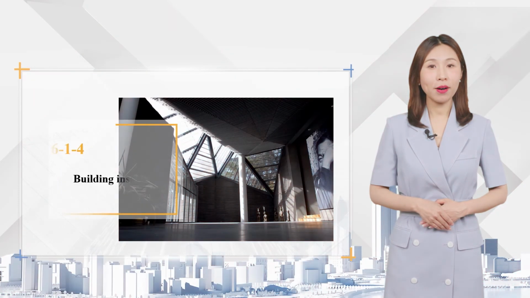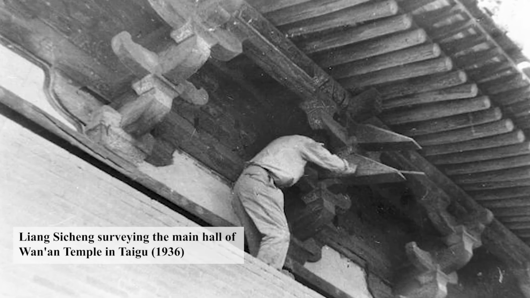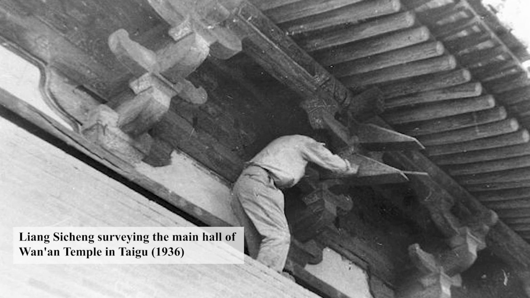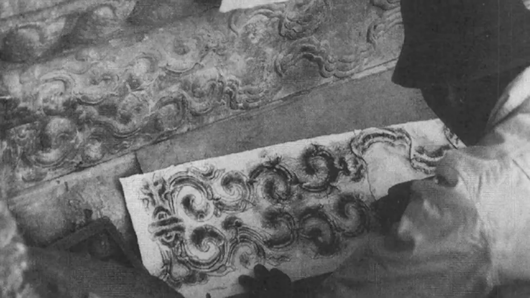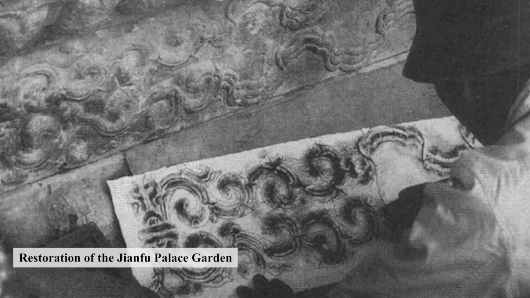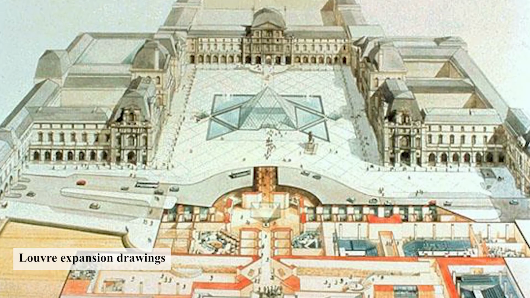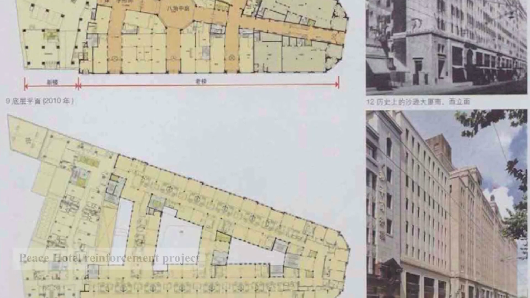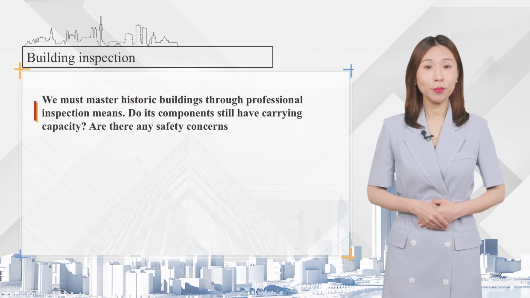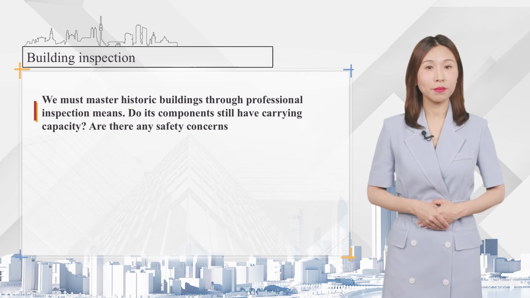The fourth part is about building inspection. Building inspection is a very important step to the reuse design of historical buildings. Because historical buildings have experienced some process such as maintenance, expansion, reconstruction, or addition, we must master the historical building through professional inspection means.